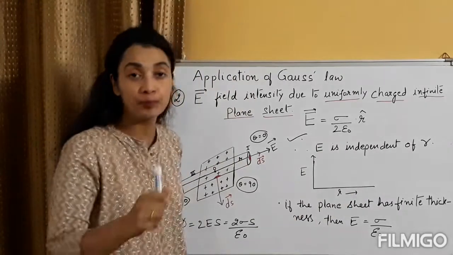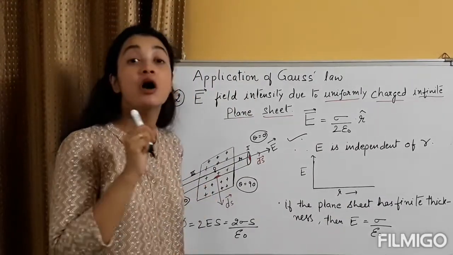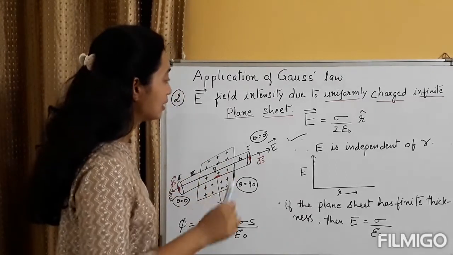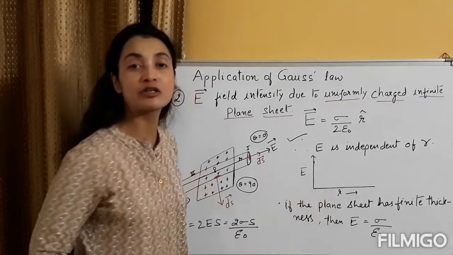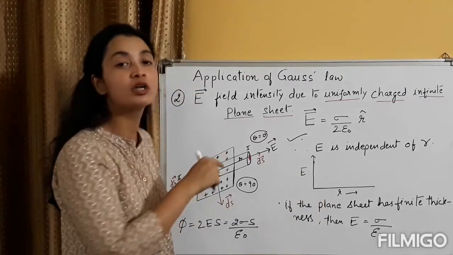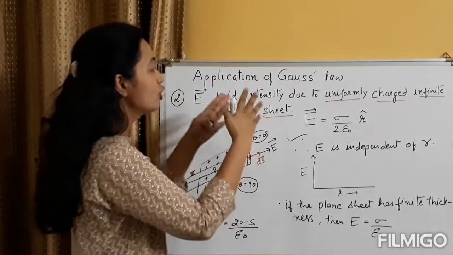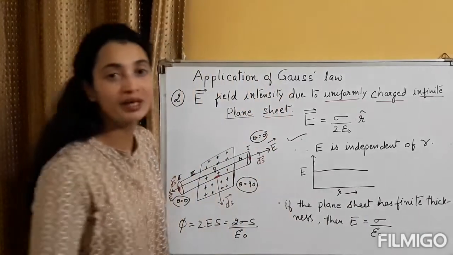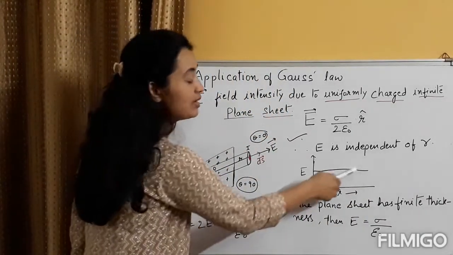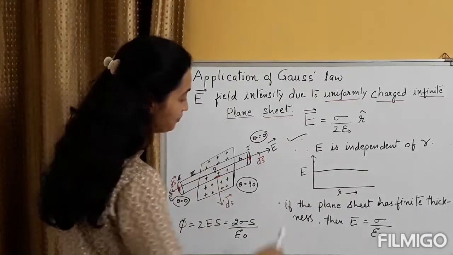This is an important conclusion to be kept in mind for applications, for conceptual questions, for MCQs and other fundamental type of questions. If you are asked to plot a graph between electric field and r for this particular situation, that is for an infinitely thin uniformly charged sheet, then obviously the graph is coming out to be like this. Means E is independent of r. At all values of r, E is going to remain the same.